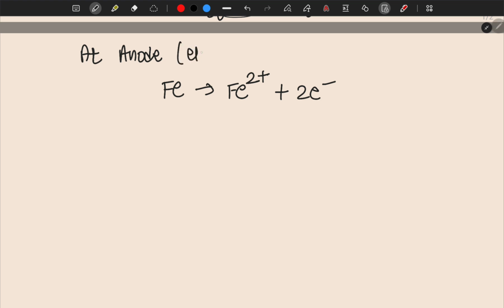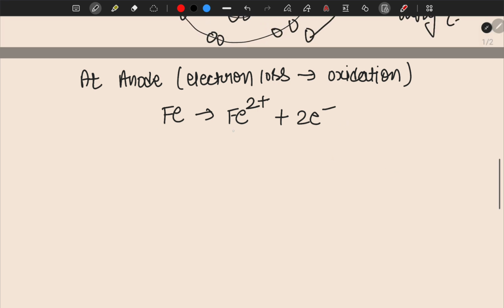So at the anode we have electron loss. And what is electron loss? Electron loss is oxidation, because we know OIL RIG: oxidation is loss and reduction is gain. So this is the oxidation happening. Now you have this Fe2+.